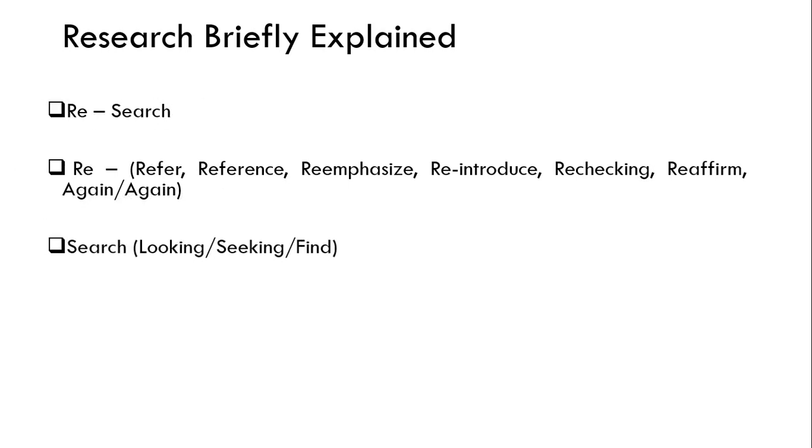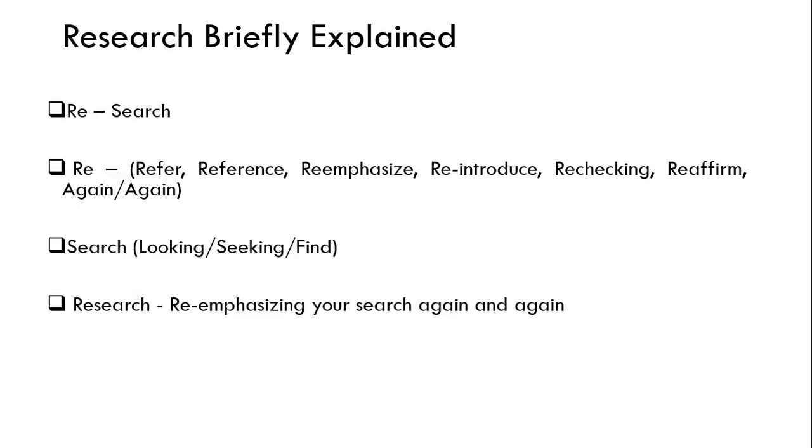While the search aspect of it is simply to look, to seek, and of course to find. So you search, you look, you seek in order to find an answer or solution to a phenomenon or an event, as the case may be. If you put that together, research is just re-emphasizing your search again and again in order to be validated or invalidated, as the case may be.